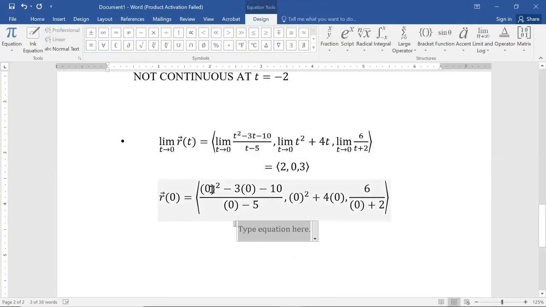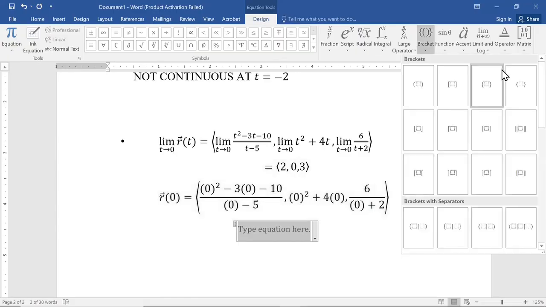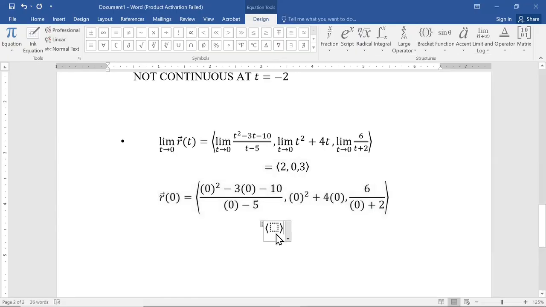But essentially, the numerator becomes -10, the denominator becomes -5, and -10 over -5 is a 2. Zero squared plus 4 times 0 is just 0. 6 over 0 plus 2, that's 6 over 2, which is 3.